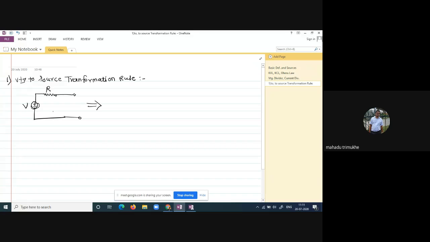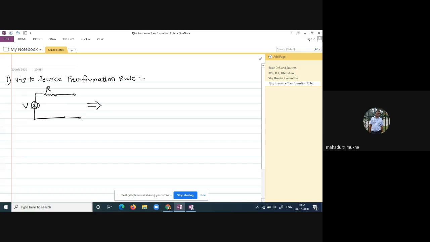When you are converting a voltage source into a current source, the voltage source should be connected with a series resistor. That time you have to apply the source transformation rule. That you have to keep in mind.